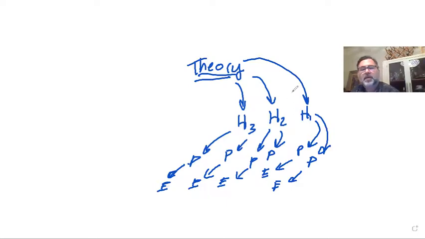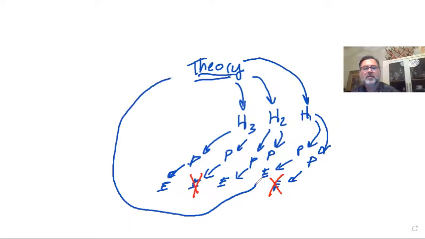Okay? And then what you'll find is some experiments don't turn out entirely consistent with your theory. So what you do is you reflect back on your theory, and we'll merge these together, right?